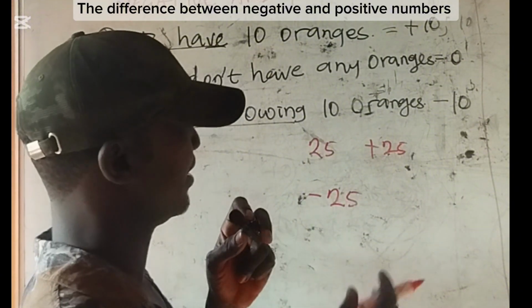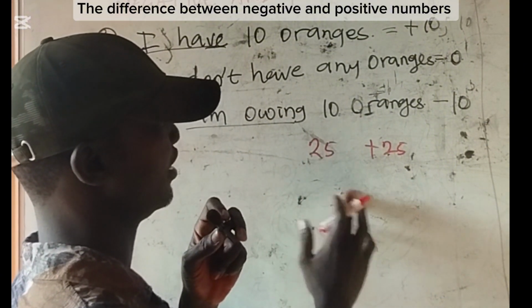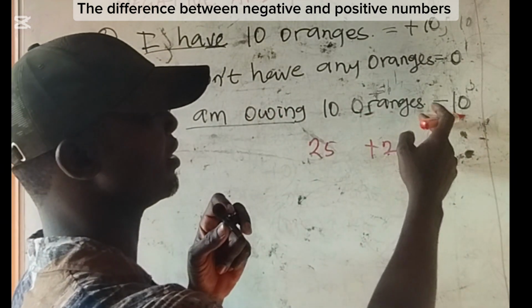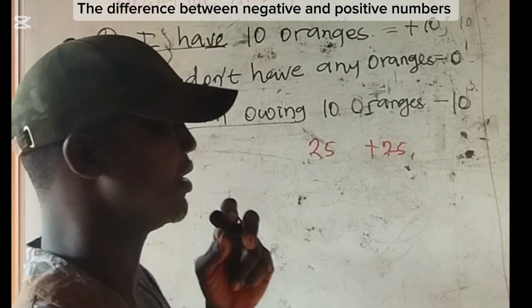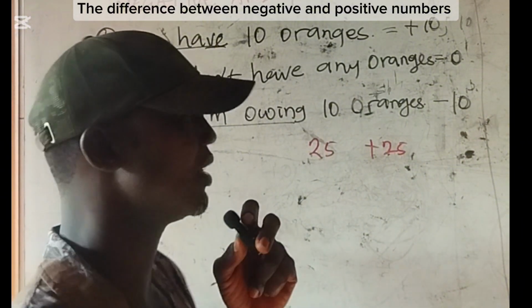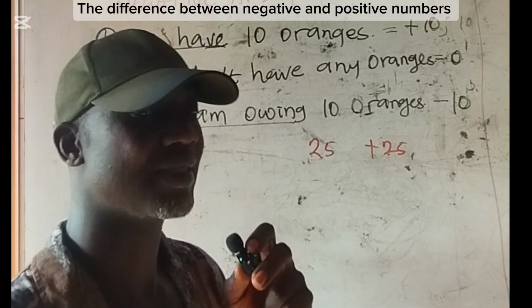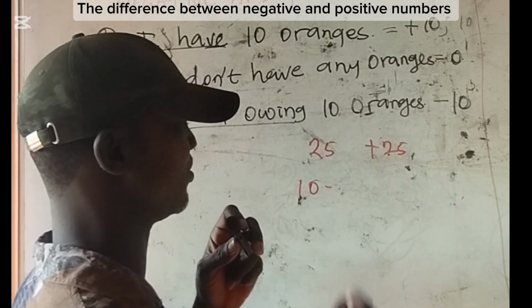Okay? And another thing I want to bring out before we conclude this video is, like in this case where I'm owing 10 oranges, and I'm asked how many oranges do I have, it is wrong if I want to say minus 10 oranges, I write 10 first before putting the minus at the back.